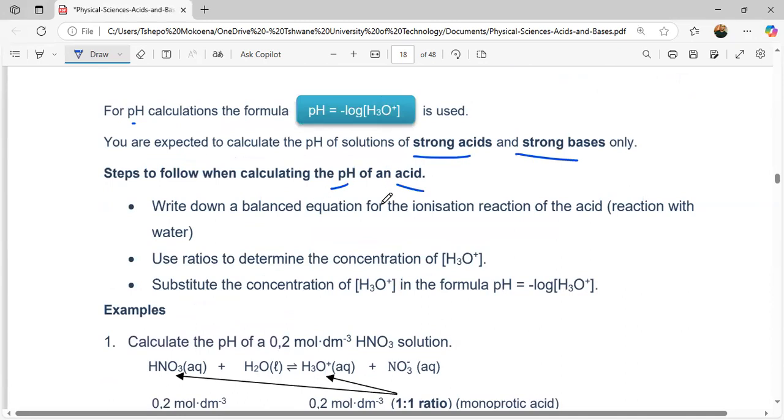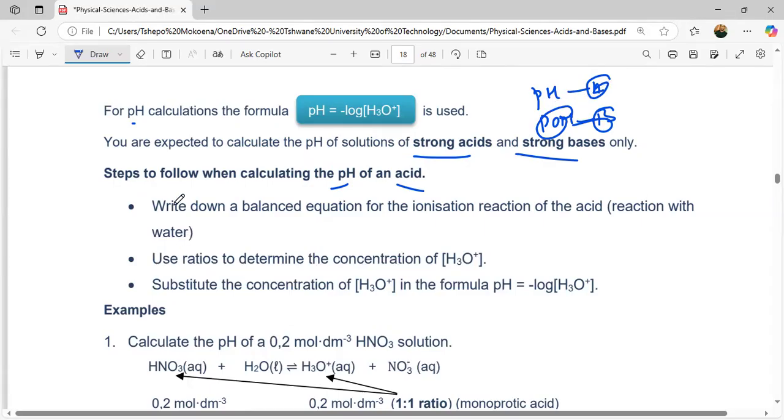Base does also have pH. People think pH is only for acid and pOH is only for base. No, acid has pOH. Base has pOH. Acid has pH. Base also has pH. Get it right. Don't think pH is only associated with acid.